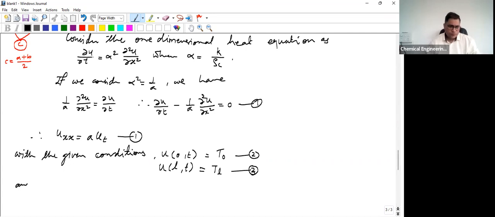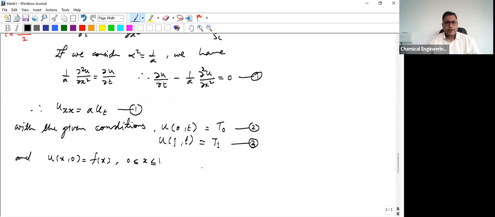And u(x,0), that means when t is 0, this is going to be f(x), where 0 is less than or equal to x less than or equal to L. If I consider this value to be 1, then this is T0, this is T1, and 0 is less than or equal to x less than or equal to 1. Then we have this as 4.